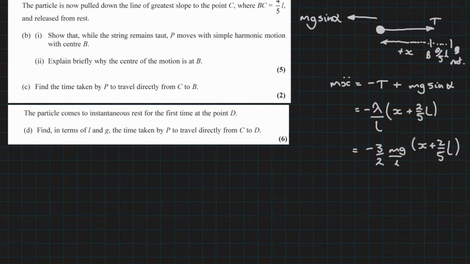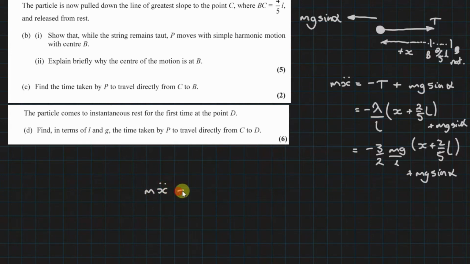I missed off the gravity in the last two expressions as well, the weight mg sine alpha. So this extension part should actually cancel this mg sine alpha. So let's multiply it all out.